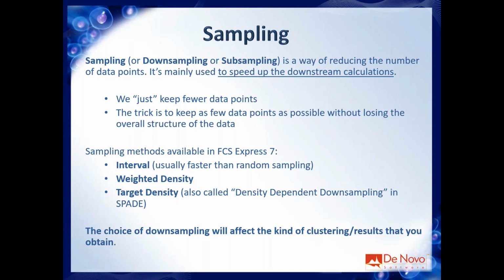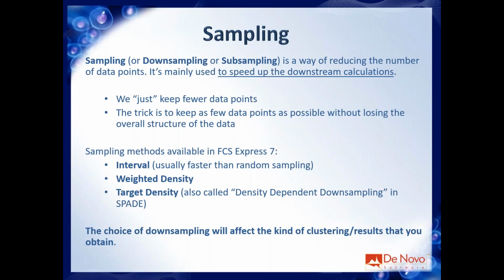Usually sampling is done with random sampling. That has a huge limitation. The limitation with random sampling is that you may lose rare events. So let's say that you have, again, 1 million events. You're looking for a very rare population.